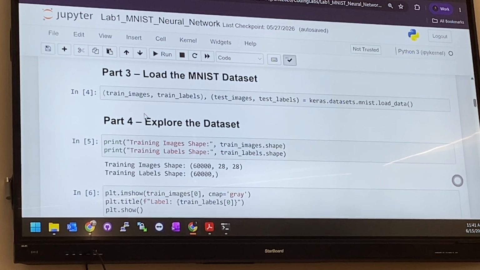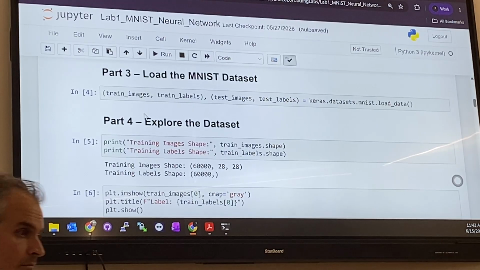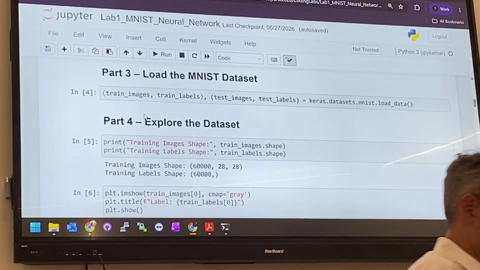These are the labels. For each corresponding image in the training images data set, we have a corresponding label: is it a 0, a 1, a 2, and so on. That's why 60,000.